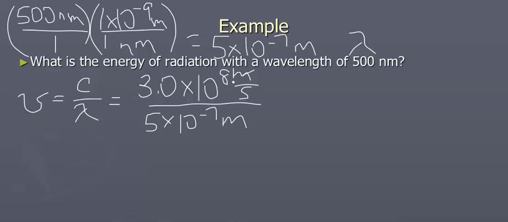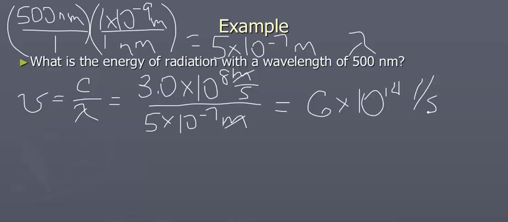Because you see here it's 3 times 10 to the 8th meters. The meters have to cancel out, so I couldn't have used nanometers. I'm going to get my frequency when I divide, and the frequency is going to be in 1 over s, or you could also say hertz. But those are the units for frequency, 1 over s or hertz.